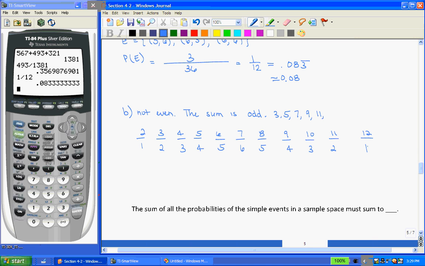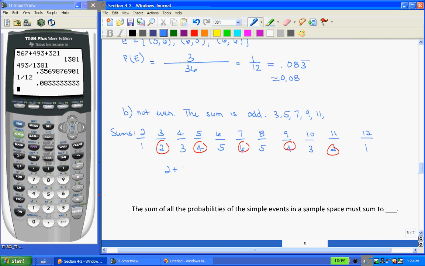So if we add up, and these are not fractions, if we add up the sums being odd, so let me label this sums, that means we're going to take 3, 5, 7, 9, and 11.